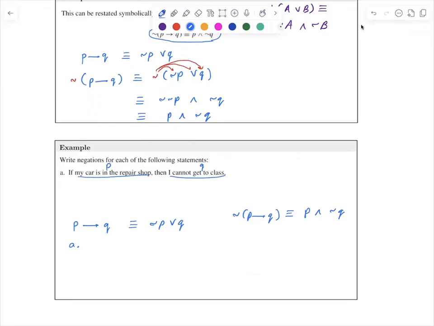The negation is going to be my car is in the repair shop and the negation of I can't is going to be I can get to class.